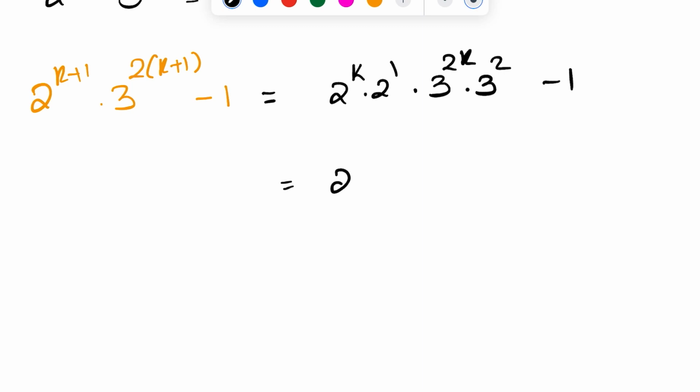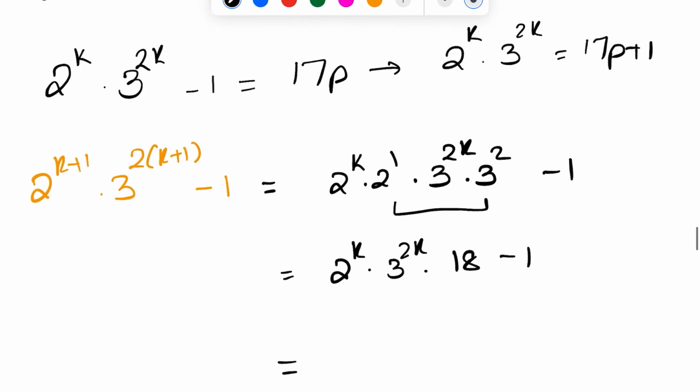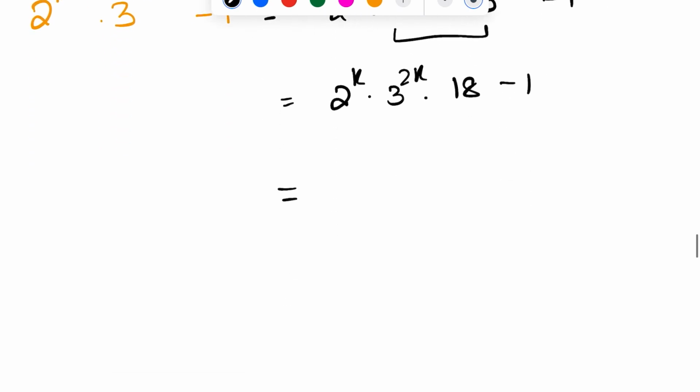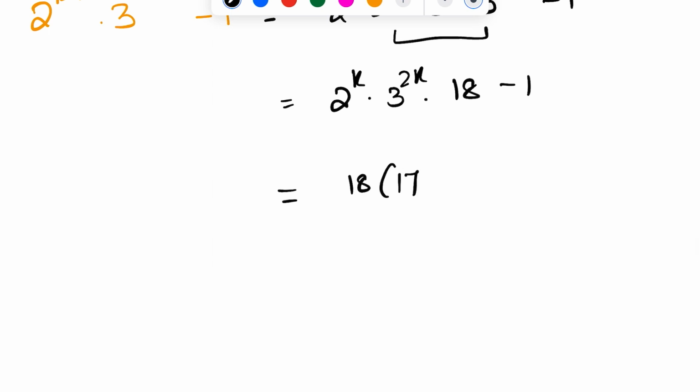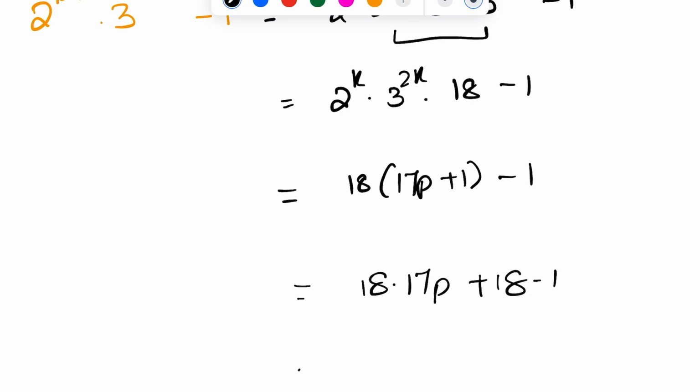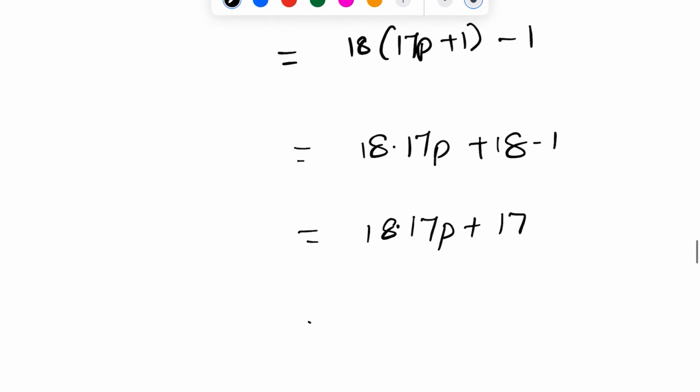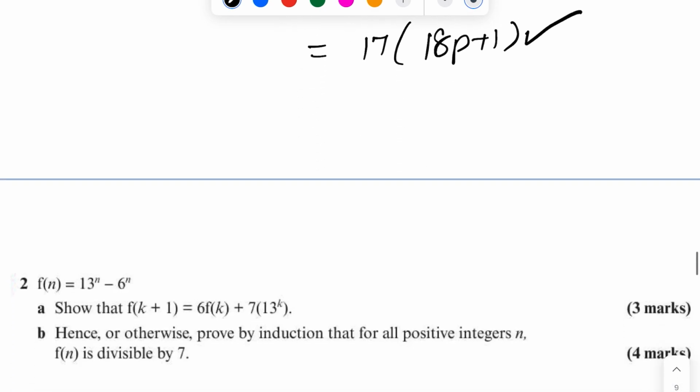So it becomes 2 power k times 3 power 2k times 9 times 2, which is 18, minus 1. 2 power k times 3 power 2k is 17p plus 1. So 18 times (17p plus 1) minus 1, which is 18 times 17p plus 18 minus 1, which is 18 times 17p plus 17. So take 17 common: 17 times (18p plus 1). Therefore it is true for n equals k plus 1. So by the principle of mathematical induction, it is true.